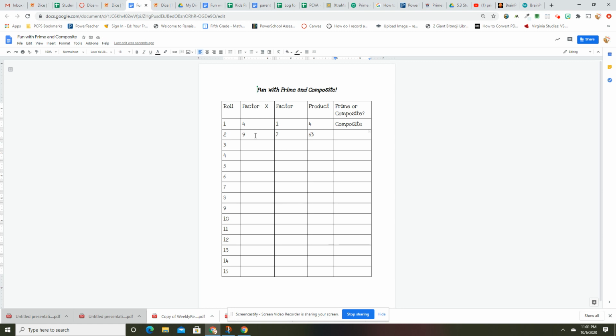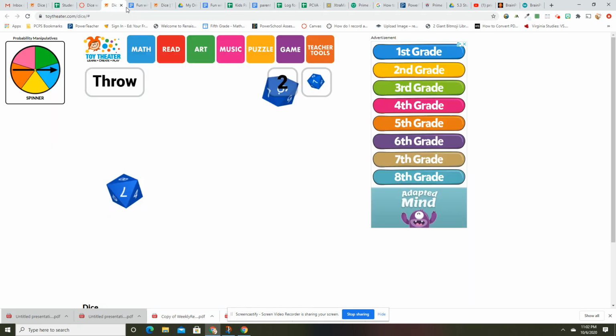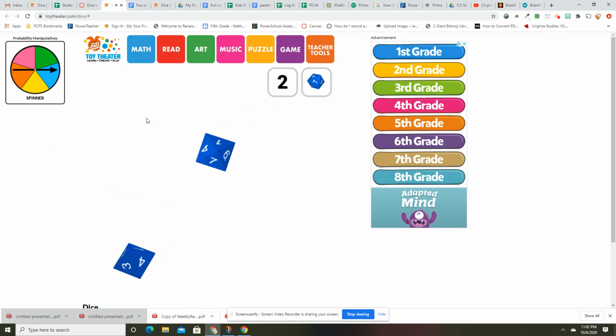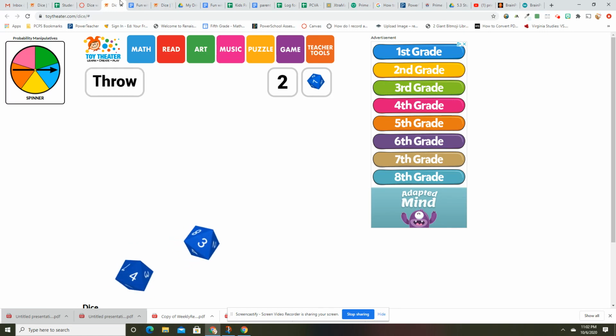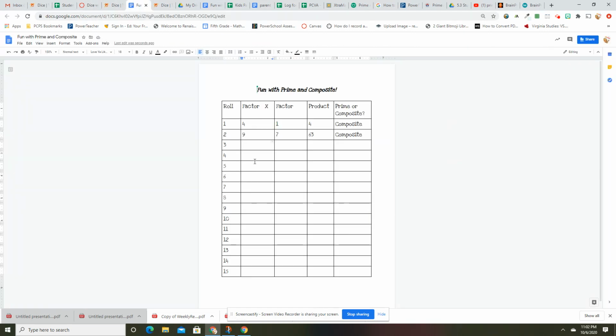Well, it has to be composite because I have 2 factors here that are not 1 and itself. So you type in composite. Let's do a couple more. 3 and 4. 3 times 4 is 12, and that is composite.